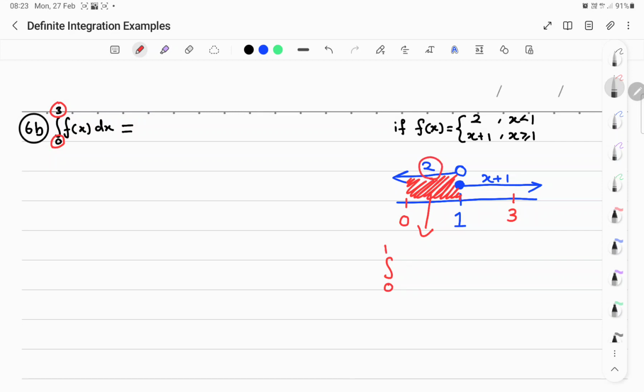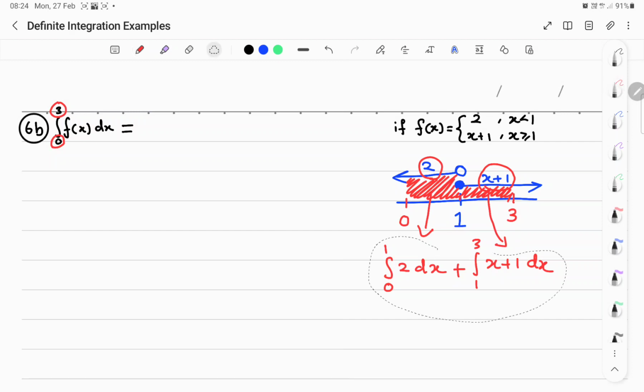The function is 2 with respect to x. Then we continue from 1 until 3. We have to add in the middle. This shading touches the second arrow with x plus 1. So the function is x plus 1 with respect to x. This one is the second integration.